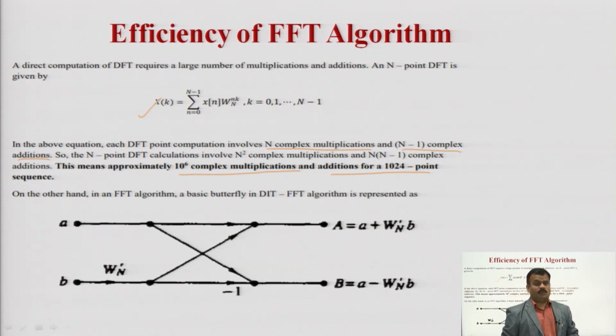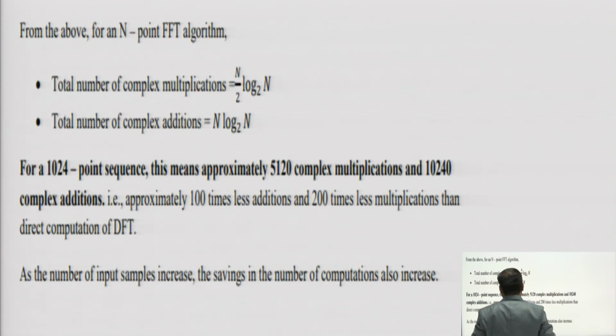If you take the example N is equal to 1024, you can see in FFT it is so easy, like in the DIT FFT algorithm. This was the advantage: for an N point FFT algorithm, you require this total number of multiplications and this number of additions.